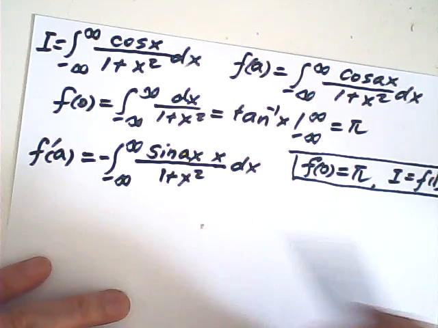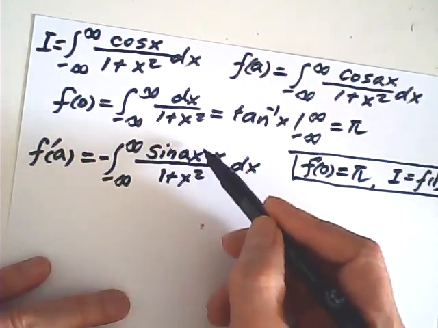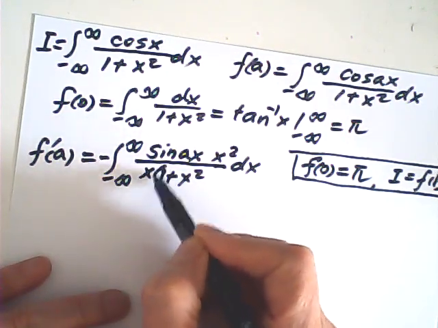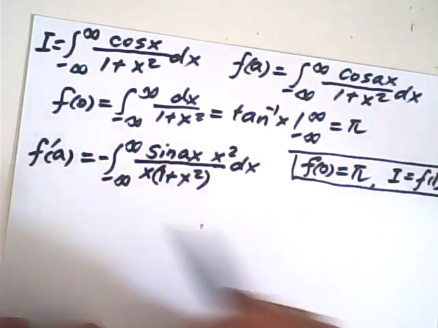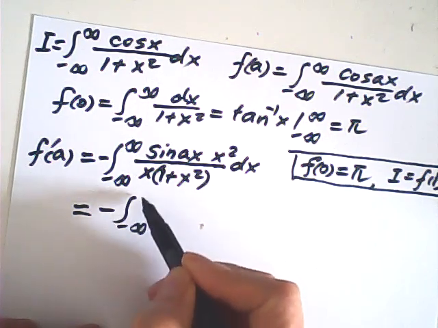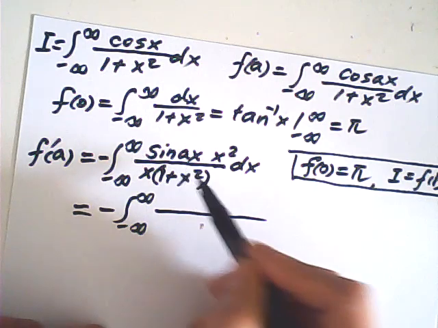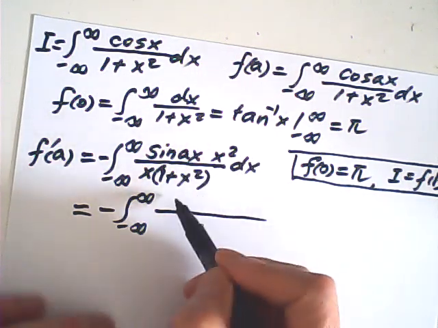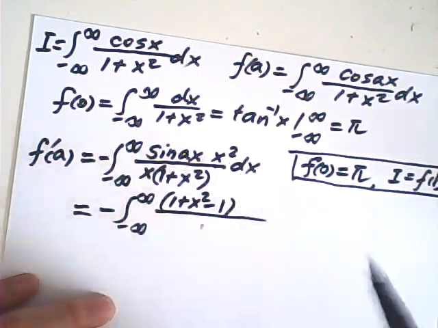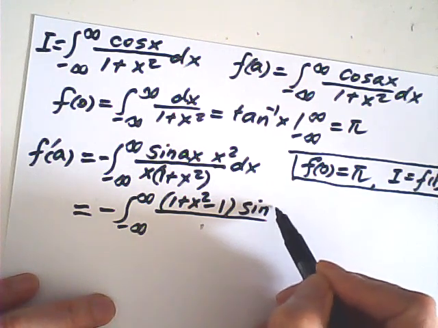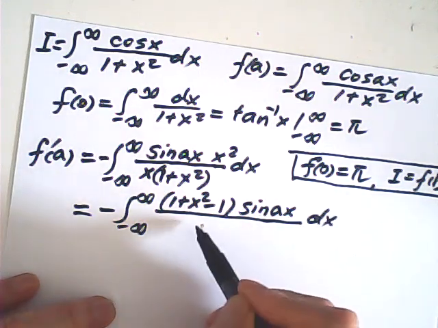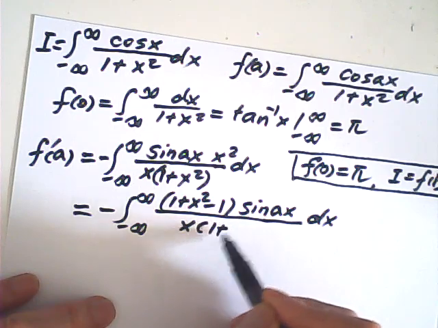Now here I multiply by x in both the numerator and denominator. So I times x here and times x there, so they're still equal, right? Now I can do something here: x squared is 1 plus x squared minus 1. That is still x squared, right? Times sine ax dx over x times 1 plus x squared.